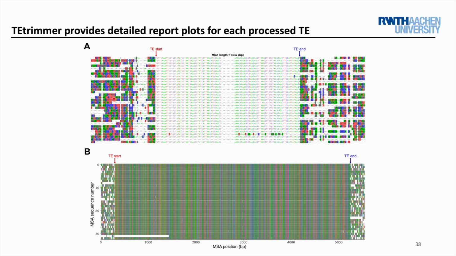In the first plot, it will zoom in on the starting region and end region of the multiple sequence alignment, and also indicate where the boundary defined by TEtrimmer is. In this plot, you can also check the target site duplication. Then the second plot gives you the entire multiple sequence alignment and tells you what the internal alignments look like.